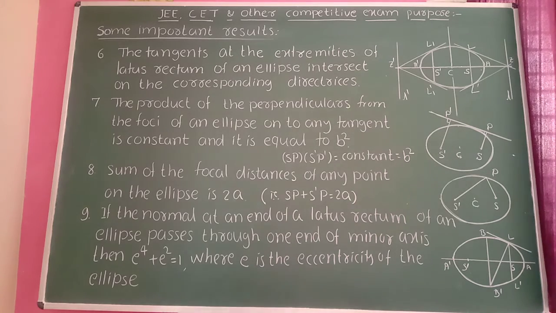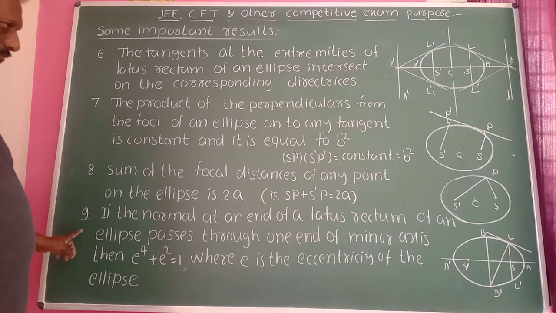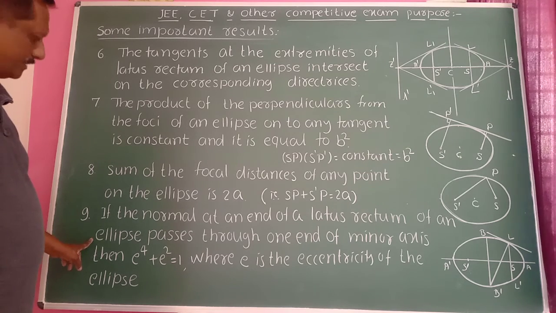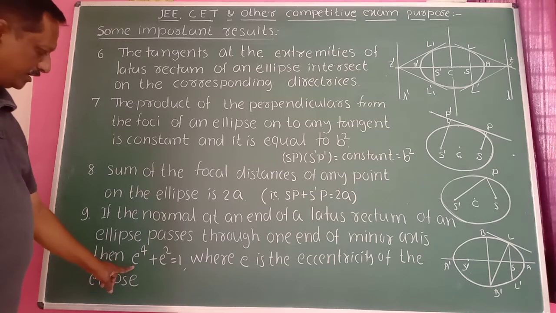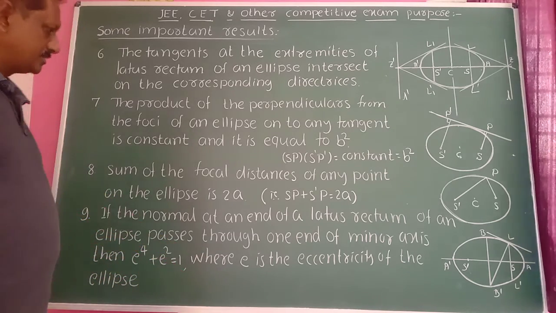If the normal at an end of the latus rectum of an ellipse passes through one end of the minor axis, then e raised to 4 plus e square is equal to 1, where e is the eccentricity of the ellipse.